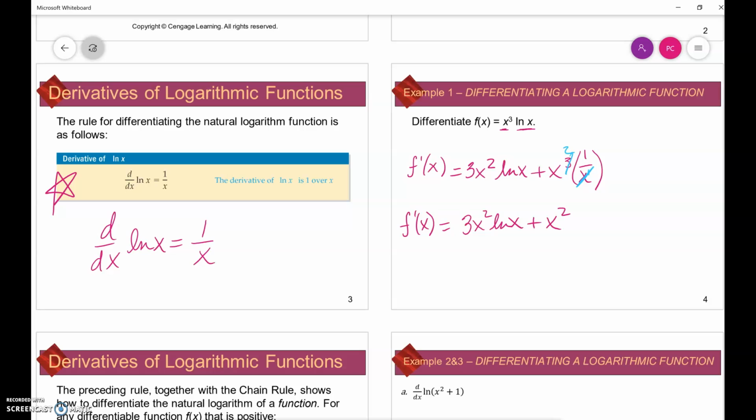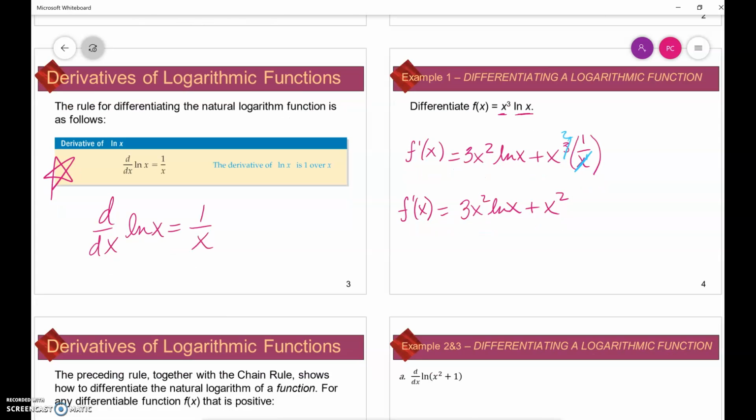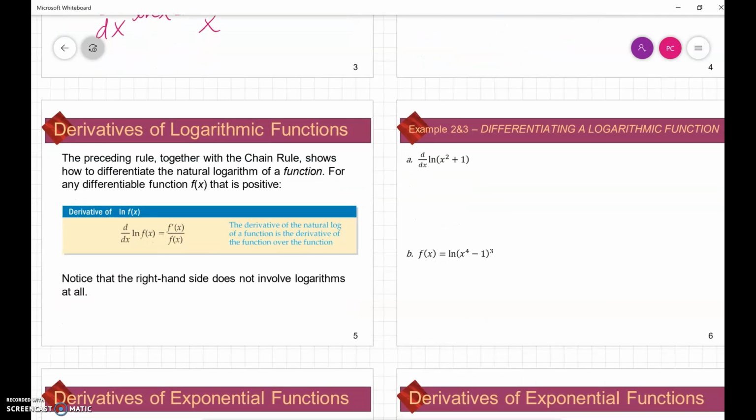Now, what do you do if the top of that is not 1? If you look at the next slide, if it's just not ln of x, but ln of a function, that's going to be a chain rule, okay? And what's going to happen is right here, the derivative of ln of f of x, anything that's not just plain x, is f prime of x over f of x.